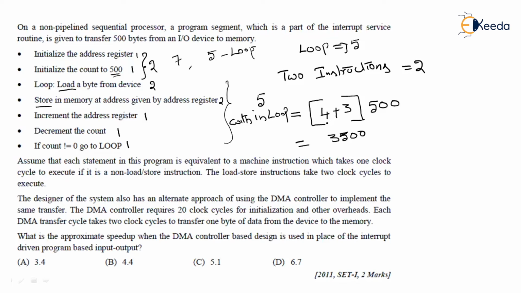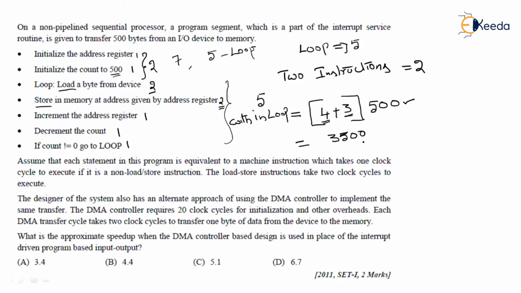Within the loop, the number of clock cycles is equal to 4 plus 3, into 500. So 4 clock cycles are required to execute load and store instructions, because each instruction will take 2 clock cycles, and the rest of the instructions within the loop will take 1 clock cycle each. That is 3. So the total clock cycles within the loop is 500, since the loop is getting repeated 500 times, into 7.